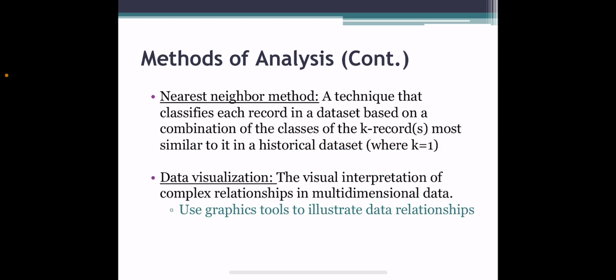And we have the nearest neighbor method, a technique that classifies each record in a dataset based on a combination of the classes of the k records most similar to it in a historical dataset, where k equals 1. So this algorithm, this model, uses near data, neighbor data, to predict or to determine what is the value, and it works on a constant number.